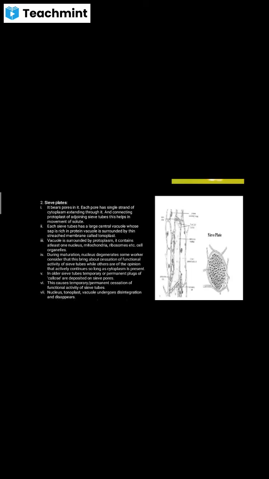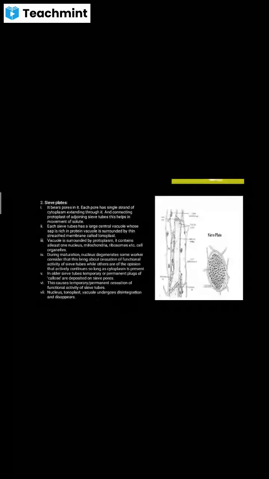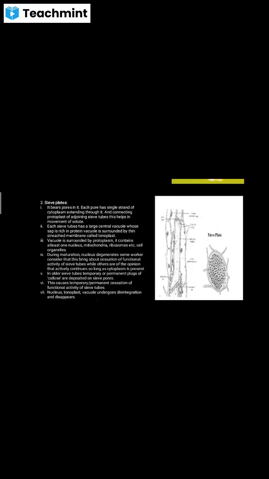So in older sieve tubes, they are permanently plugged, and new pores are prepared. With the help of these pores, the transport of the solutes takes place. So, due to this temporary or permanent cessation with the help of callus, the functional activities of the sieve tubes take place.